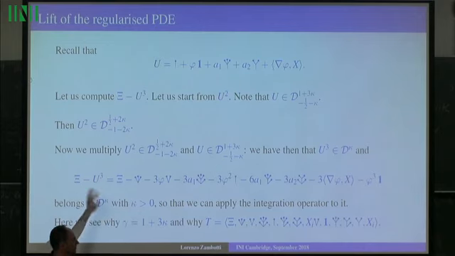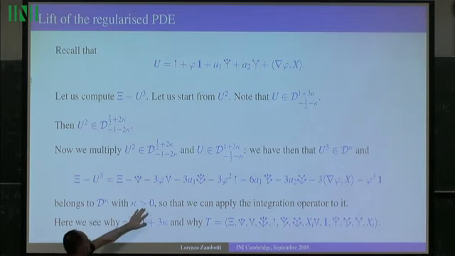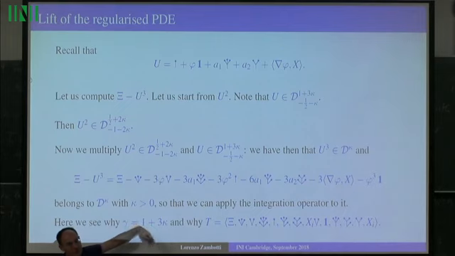Good. So now you can apply the integration operator to it, which is what I'm going to do in the next slide. But now you see why I chose gamma equal to 1 plus 3 kappa, because if you choose for instance 1 plus 2 kappa, then at some point you lose, and here you are in D0, which is not good for the integration operator or for the reconstruction theorem.